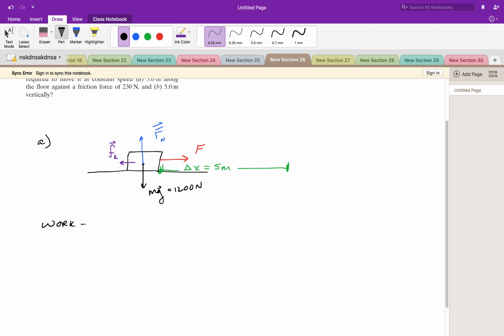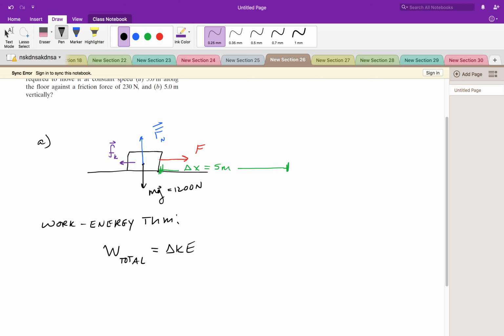This is basically a statement of conservation of energy. The total work done on the system is equal to the change in the kinetic energy of the system. This is the work energy theorem.